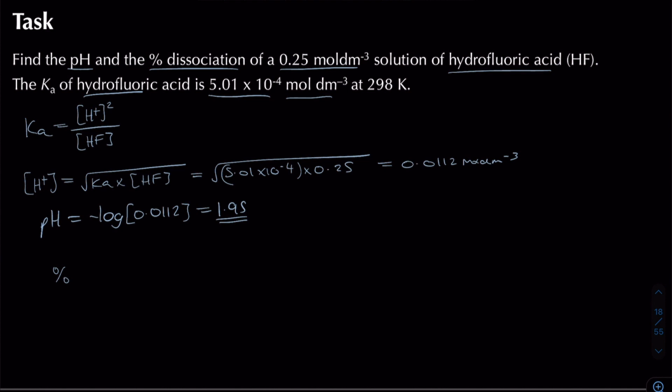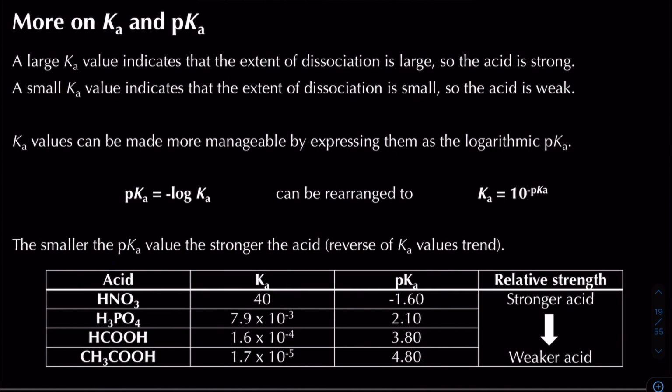To find the percentage dissociation, I need to be able to do the following, where I take the concentration of H plus, which is going to be 0.0112, and then divide by the concentration of my acid, which is going to be 0.25. Put that in my calculator after times it by 100, and I end up with a value of 4.48% itself. So we know we've got weak acid over here, and we've got a very small amount of it dissociating as well.